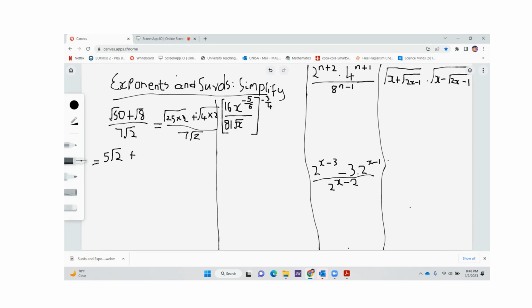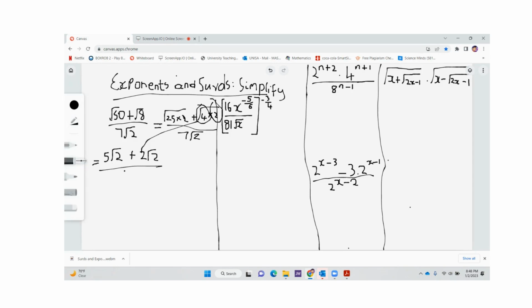And then the square root of 4 is a 2, and then we do not have a square root of 2. So this is 2 root 2. So it's the square root of 25 being 5, the square root of 4 being 2, and then the square root of 2.